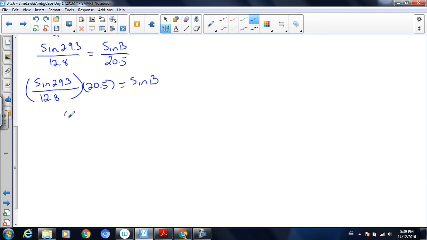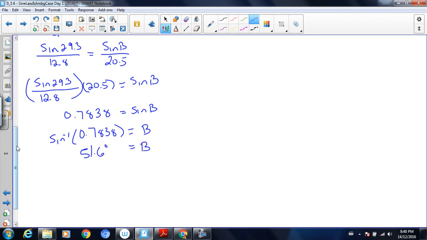So this should give you 0.7838, which is equal to sine of B. Now I need to solve for the angle, so when I bring sine over, I'm doing the inverse of sine. Inverse sine of 0.7838 equals angle B, and this is 51.6 degrees.